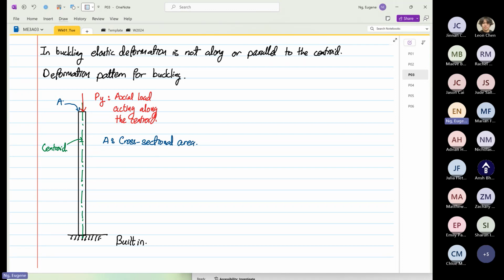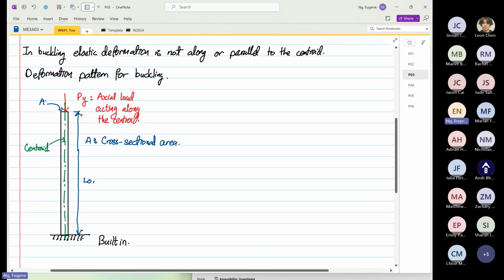And then we have a distance from here to here. This is still our L naught. So in buckling, the deformation occurs this way.